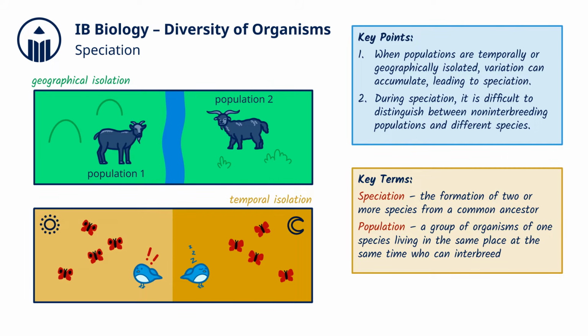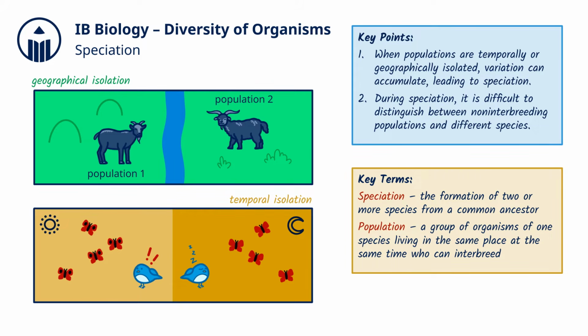Another mechanism of speciation is temporal isolation, where populations become reproductively isolated due to differences in activity timing. For example, in a population of desert butterflies, some individuals begin shifting their activity to nighttime to avoid predation from birds that hunt during the day. These butterflies feed and reproduce at night, then hide during the day.